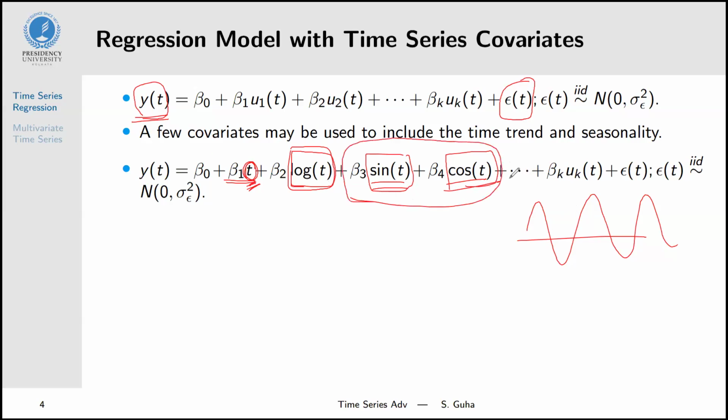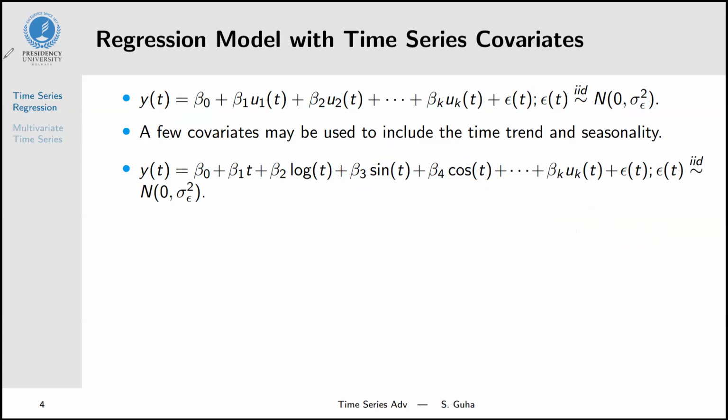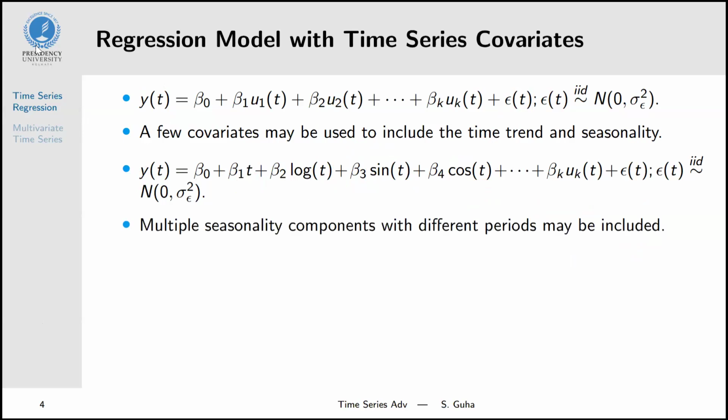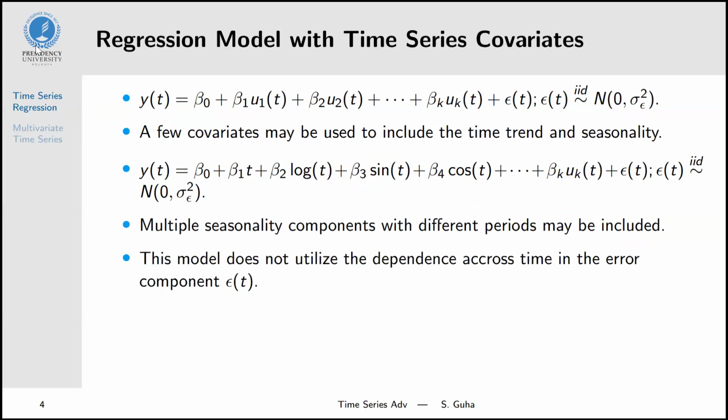That is how we can incorporate the time trend part and the seasonality part in this equation. So multiple seasonality components with different periods may be included in this way in such a model.